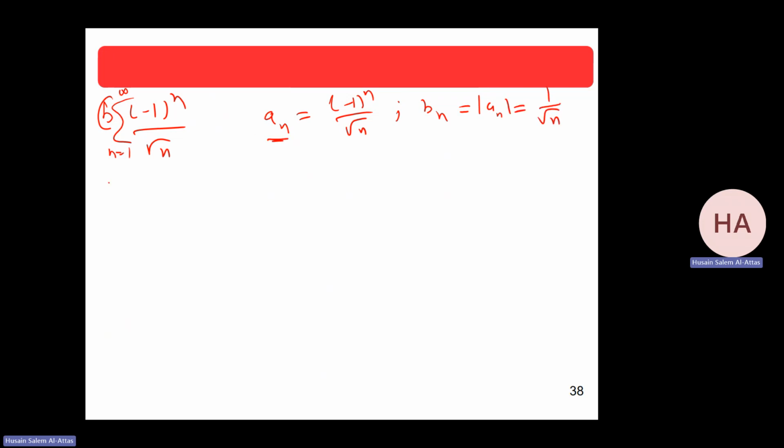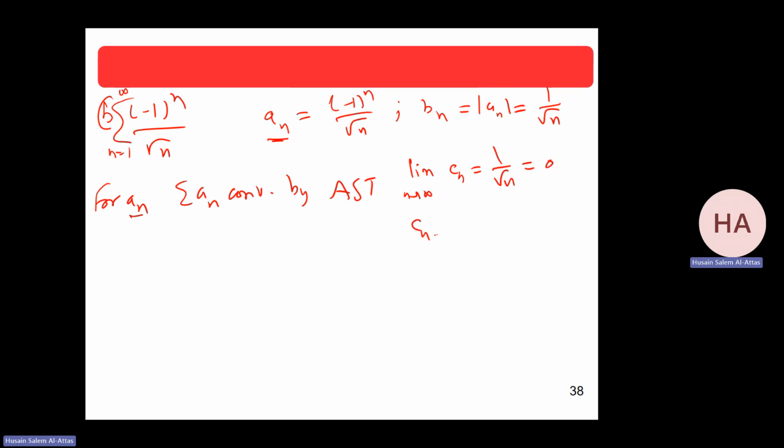Now for An, the summation of An converges by the alternating series test. Why? The limit of Cn, which is 1 over square root of n, equals 0.